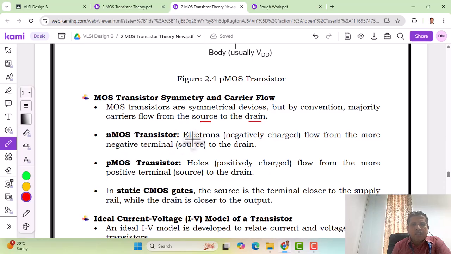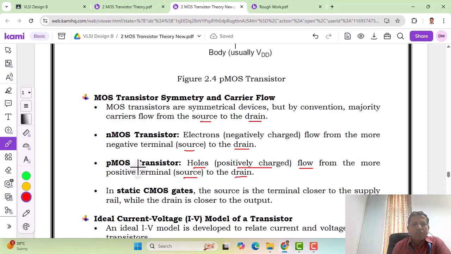In NMOS transistors, electrons are the majority charge carriers, and they flow from the source to the drain, and current flows from drain to source. Whereas in case of a PMOS transistor, holes are positively charged and they are the majority charge carriers, and they flow from source to drain.